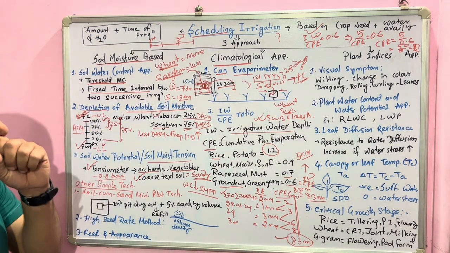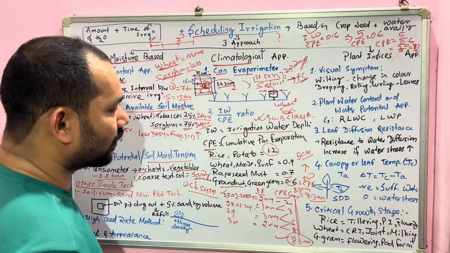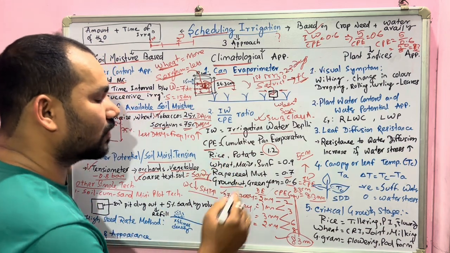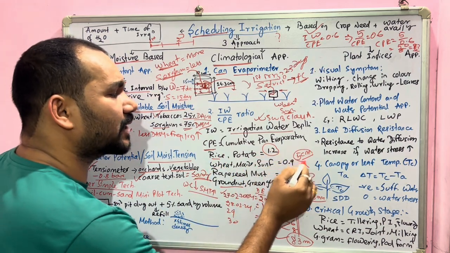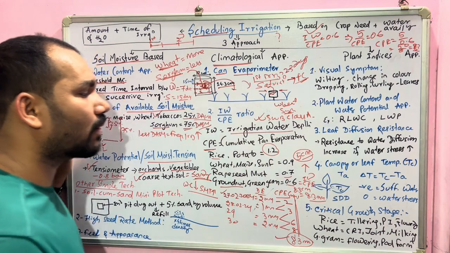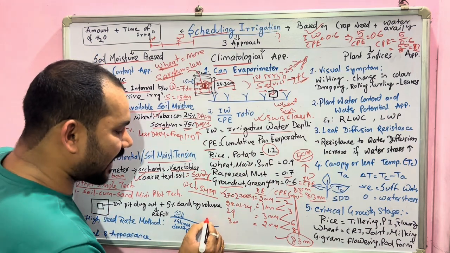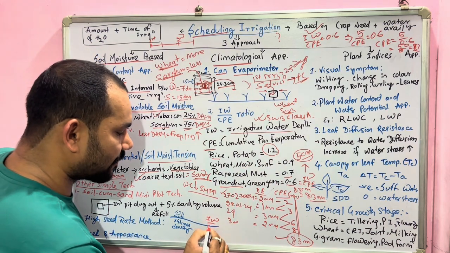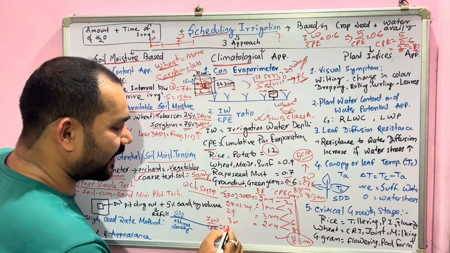But let us see another example. Suppose I am taking rice crop. Suppose I have applied 5 centimeter of water, and the rice IW by CPE ratio is 1.2.